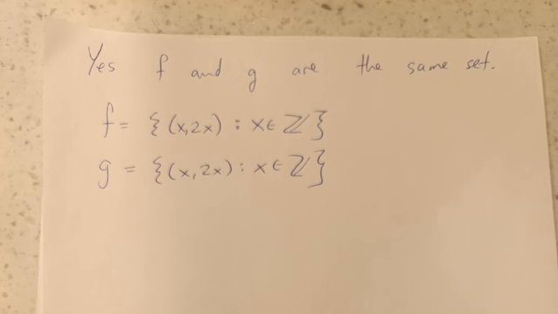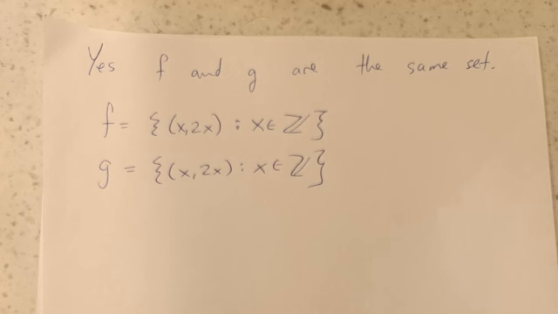Okay, and what does it mean for two sets to be equal, right? It means that they have the same elements. And so in this case, these sets have the same elements, and so they are equal as sets.